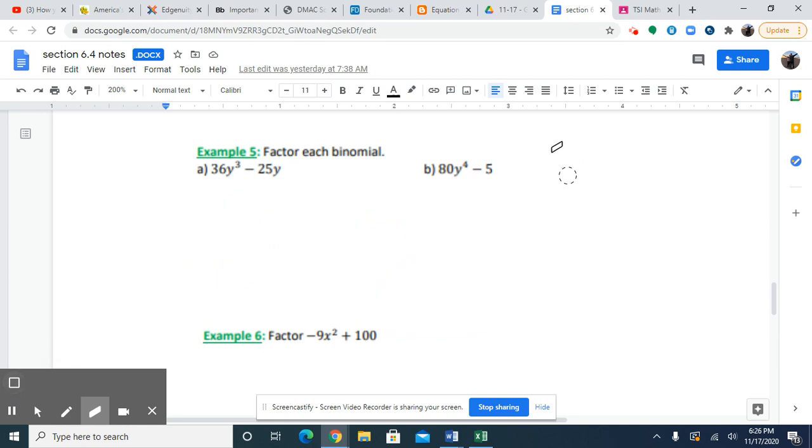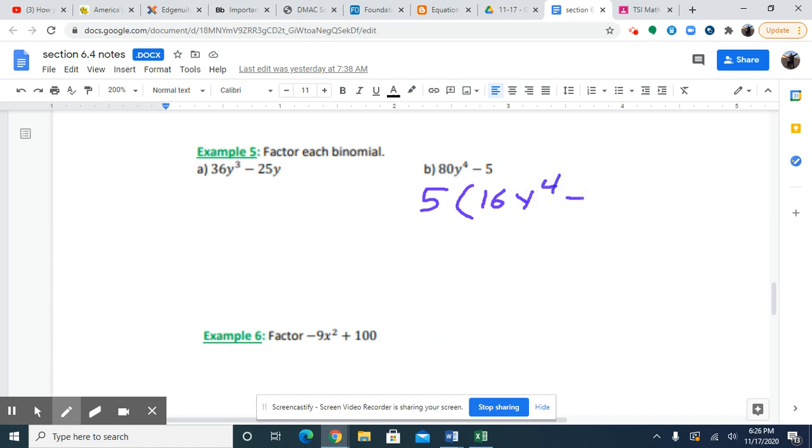Same situation with example B. Now, 80 and 5 aren't necessarily perfect squares, but if we factor out a 5, we can see that 80 divided by 5 would be 16y to the fourth. And then 5 divided by 5 would give us a 1.